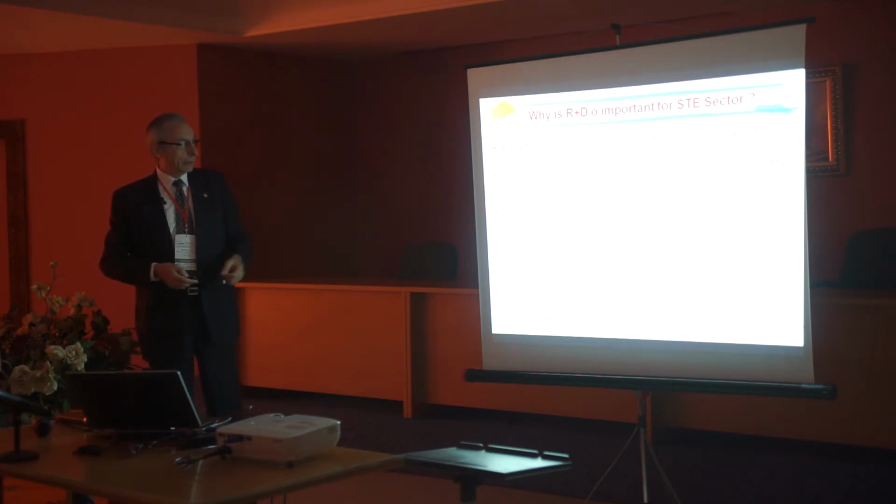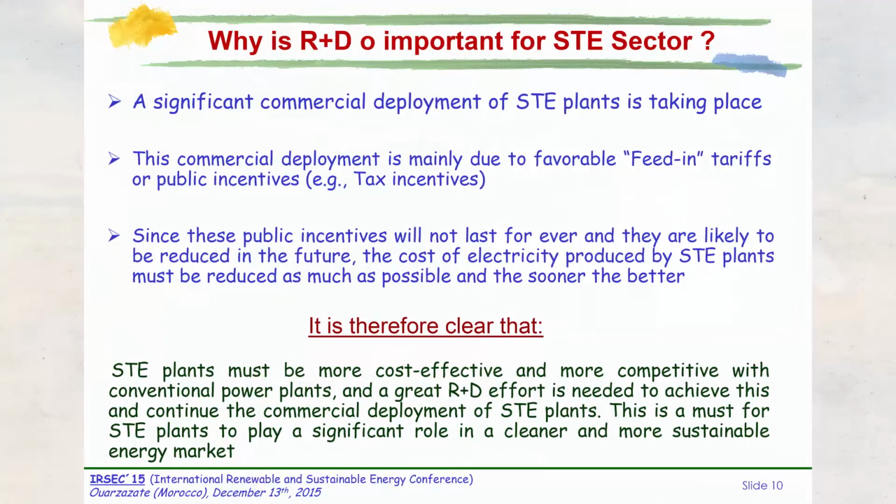It's also clear that these public incentives will be reduced in the next year, because they are only trying to help during the first stage of deployment. After that, the public incentives are usually reduced, and therefore we also have to reduce the cost of the electricity produced with this system, because otherwise we will not be able to go into the market.